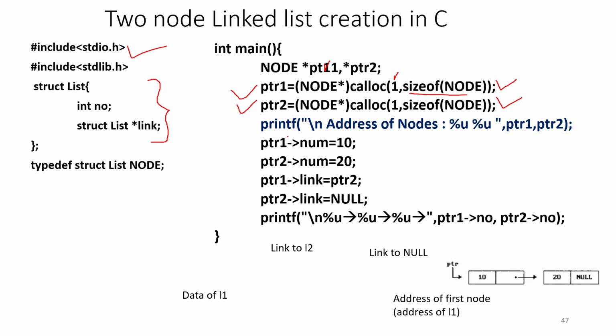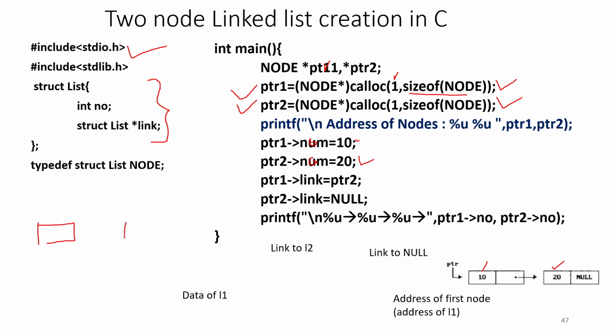Having created nodes, the next step is to set the value. I need 10 here, I need 20. So I have to set number field to 10 and second node number field to 20. PTR1 number field equal to 10, PTR2 number field equal to 20. After this step, it is just like this.